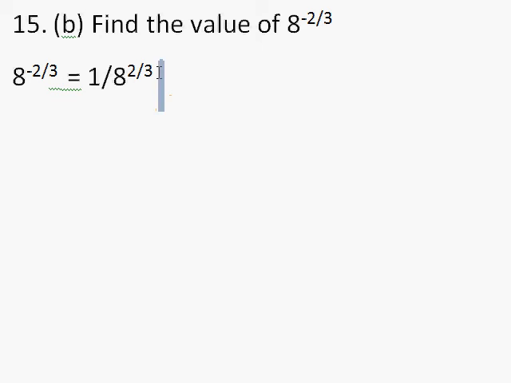So I can say that 1 over 8 to the power of 2/3 equals 1 over 8 times 8, so 8 squared, that's 64, to the power of, and now I've taken care of that too, so it's simply to the power of 1 over 3. Okay, and so I have 1 over 64 to the power of 1/3.